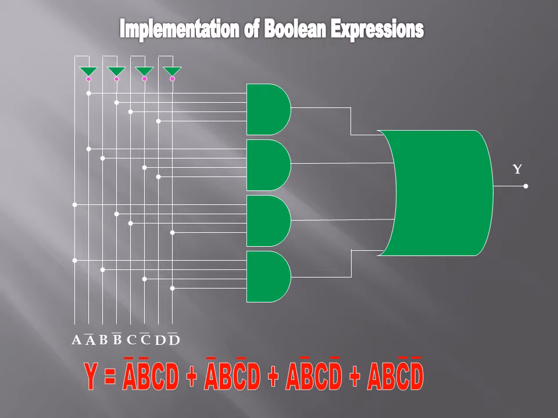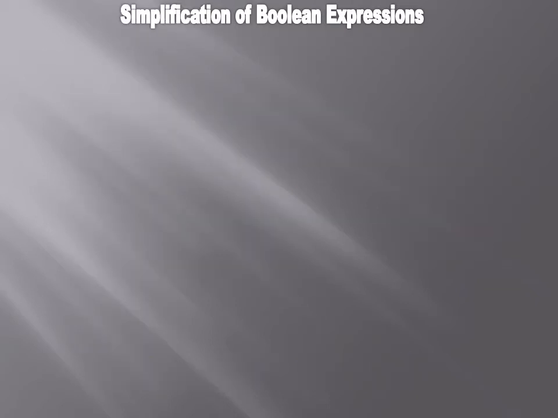So the circuit in total requires 4 four-input AND gates, one 4-input OR gate and 4 NOT gates.